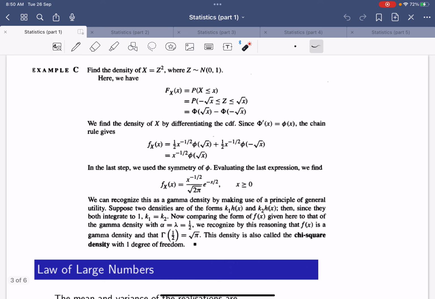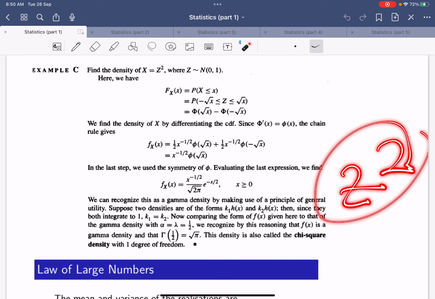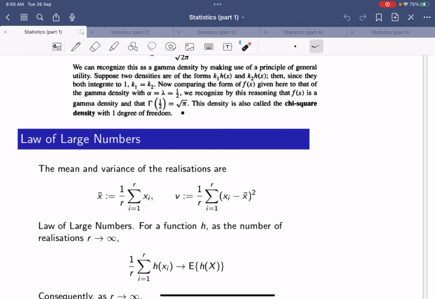For now, you should just understand that z squared is like a gamma distribution. So it means if you square the standard normal variable, it is still a random variable and follows a chi-squared distribution.